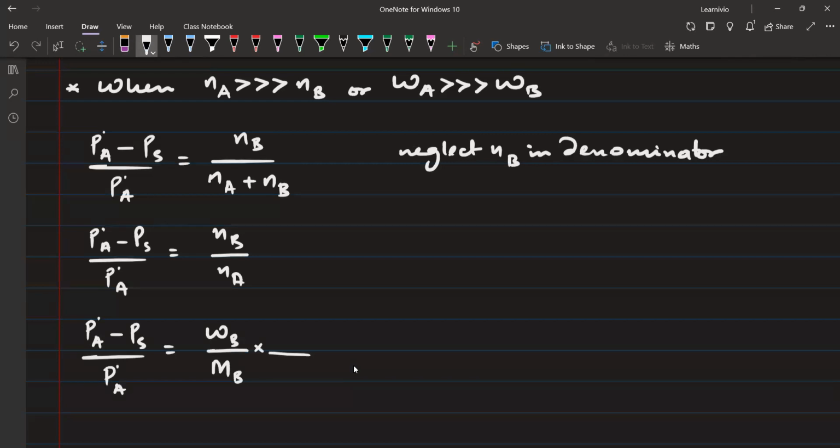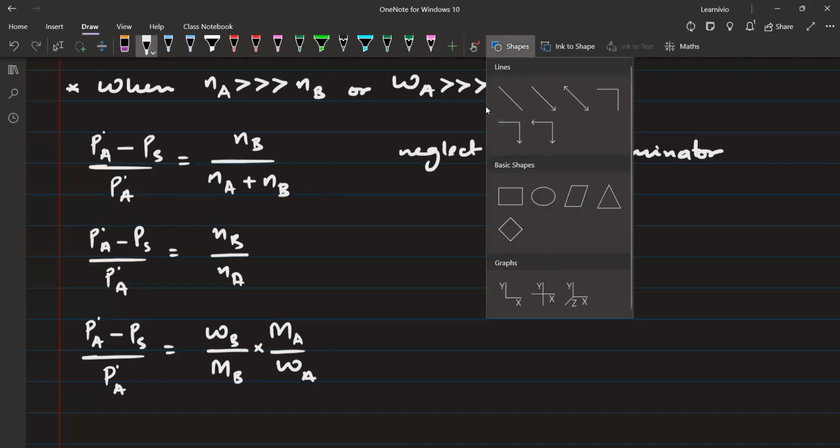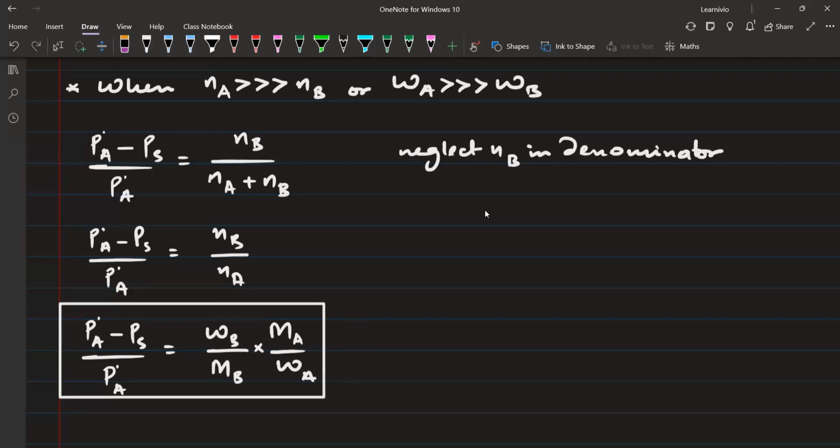And here we'll be having the mass of solvent above, we'll be having the molar mass of solvent. So you are going to use this when you have this case: the mass of solvent is very large compared to the solute. इसको जरा लिख लीजिए.